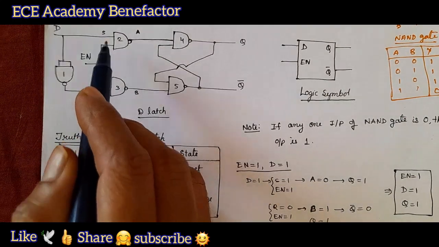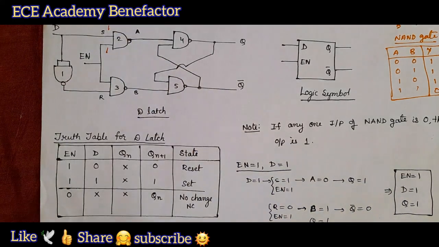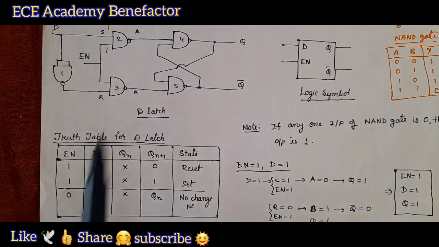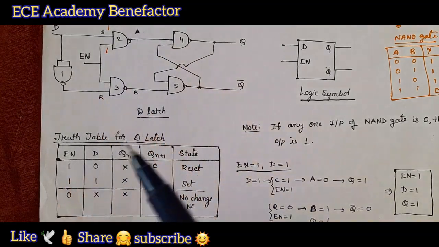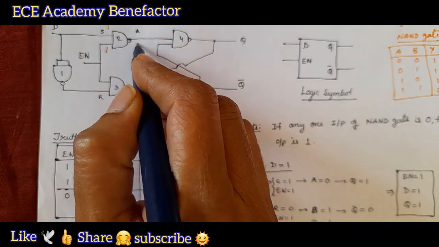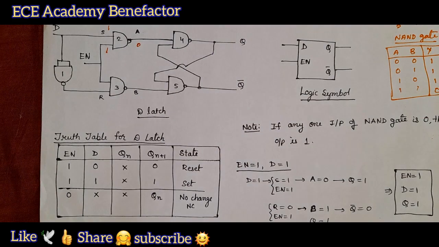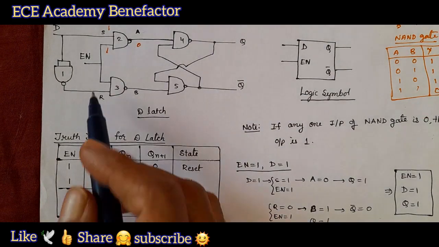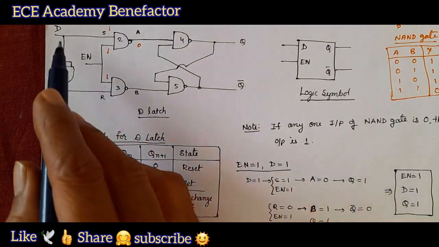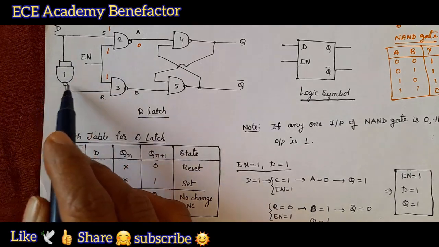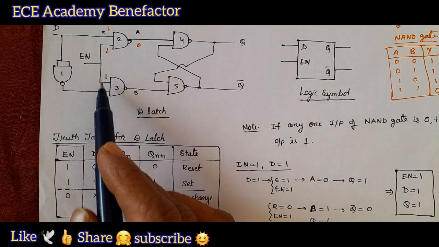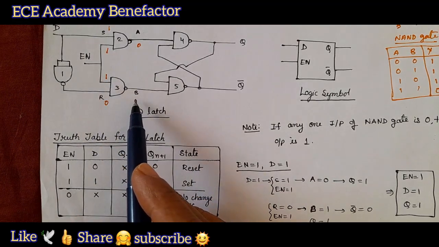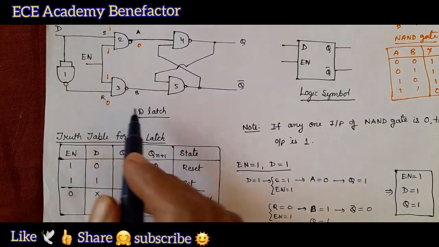Both are 1 1. What will be the output at A? It will be 0. Now, here the enable is 1 and D is 1, so when D is passing through this NOT gate, it becomes 0. So, for 1 0, what is the output at B now? It is 1.